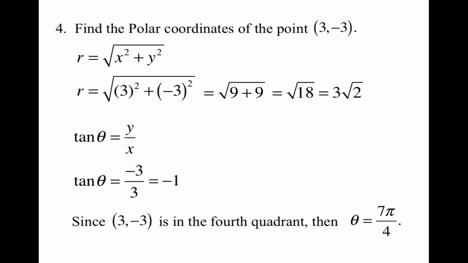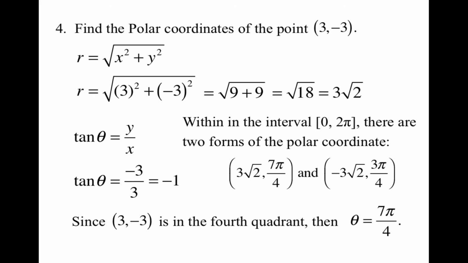And since 3, -3 is in the fourth quadrant, then theta has to equal 7 pi over 4. Within this interval, 0 to 2 pi, the two forms are 3 square root 2, 7 pi over 4, and -3 square root 2, 3 pi over 4.